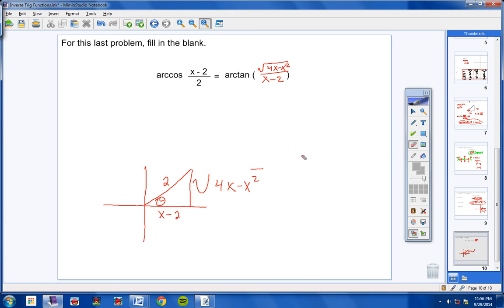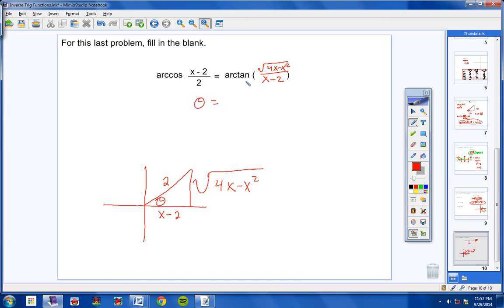Now, using this expression right here, if I said what angle, when you take the cosine of it, gives you x minus 2 over 2, it would be this angle here because adjacent over hypotenuse, so it would be theta.